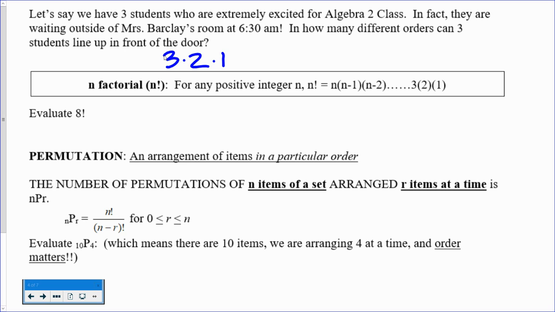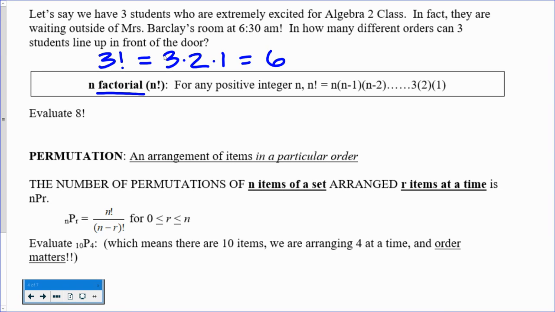So I'm multiplying those different options. So 3 times 2 times 1, there would be 6 different possibilities or ways those students could line up. Okay, so I'm using that counting principle, multiplying the amount of options together. This is also considered a factorial. So this is the same thing as 3 factorial.